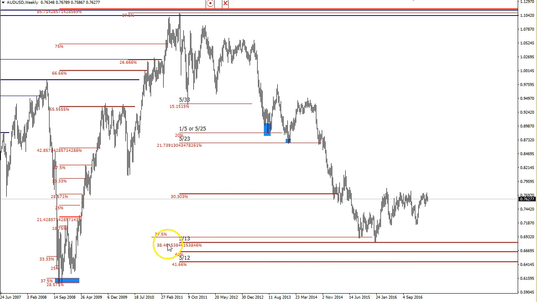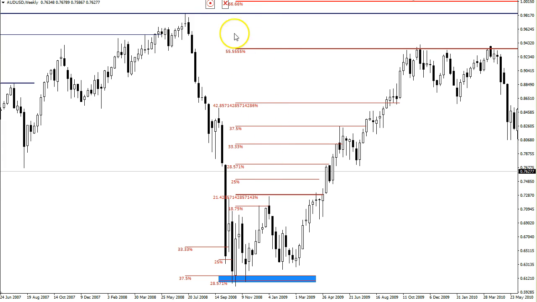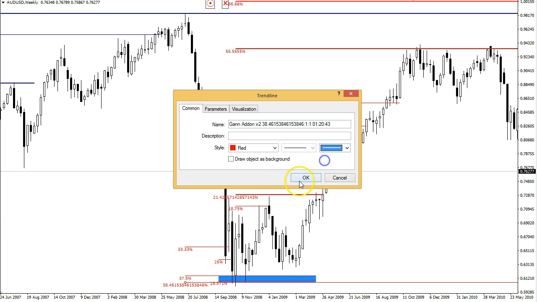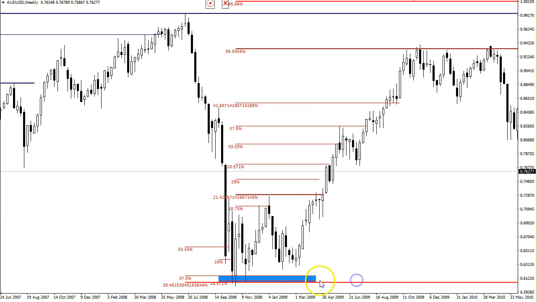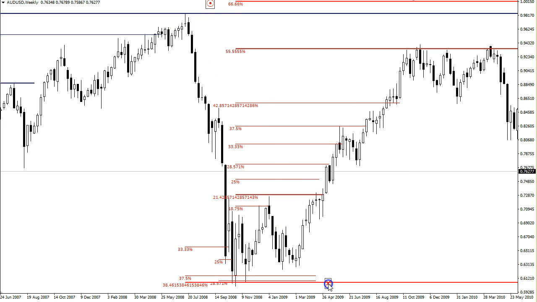Okay, now we said that 38.461 did stop the market at the pip, exactly. What if we take that percentage from here, we can see that it's better than the 37.5. Even if you were not aware of it before, you would still be using 37.5.